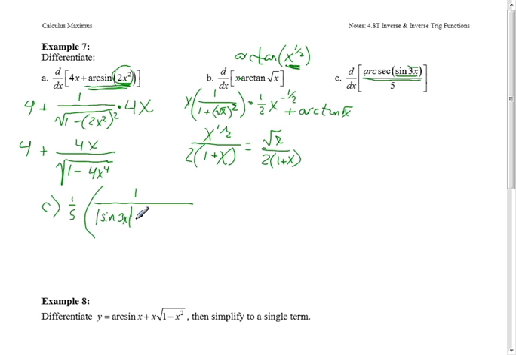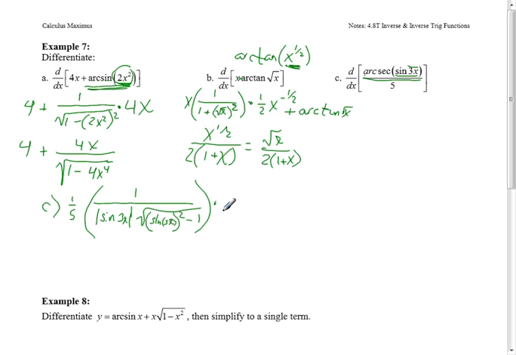Okay, times the square root of, instead of x, we're writing sine of 3x, and that would be squared, and I believe it's minus 1 on the inside. Alright, because this is the chain rule, we just took the derivative of the secant function. But we still have more to go because we had a function inside a function inside a function.